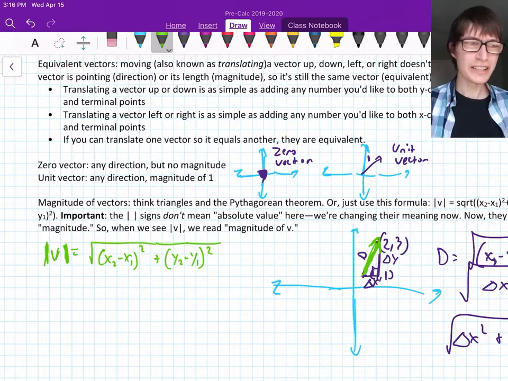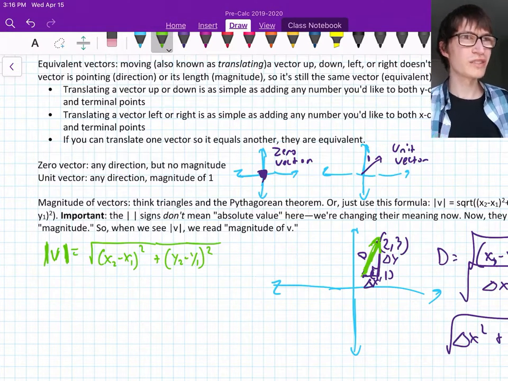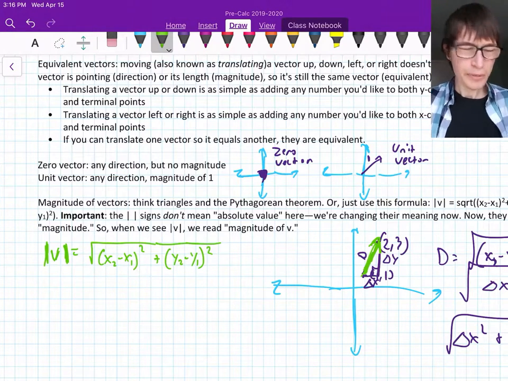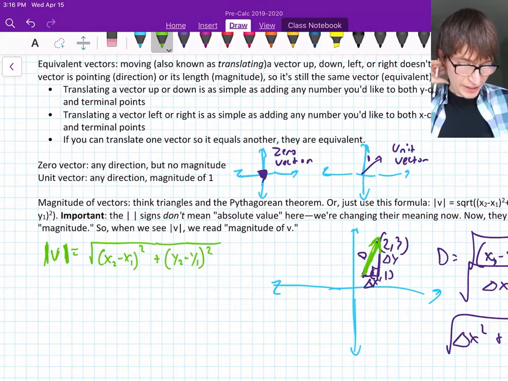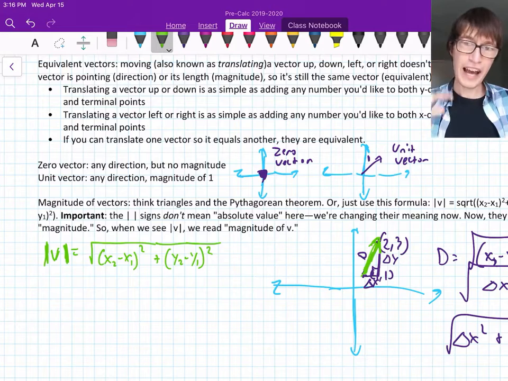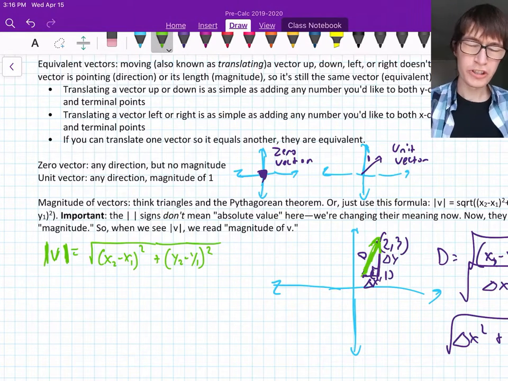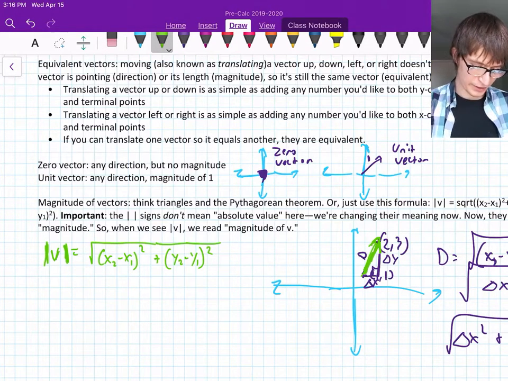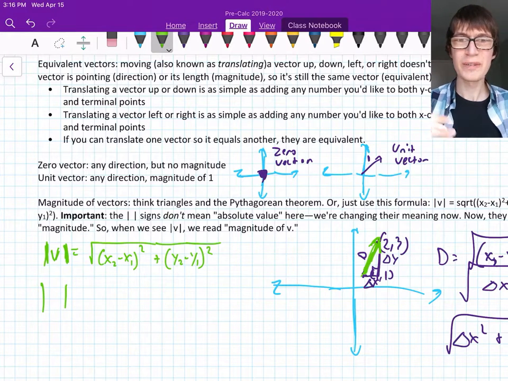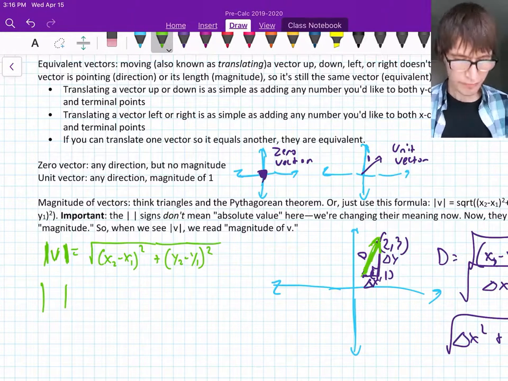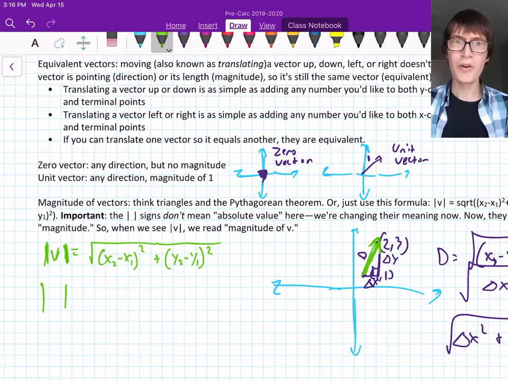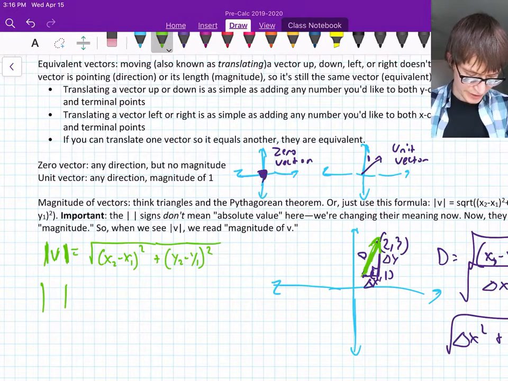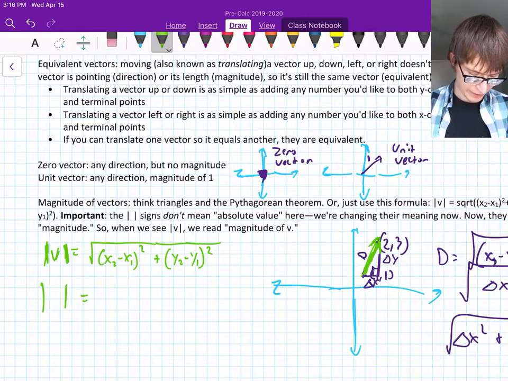I wish it was something different, and there is some good reason as to why they chose this, but what they've done is turn the absolute value notation, these two lines, into something that means something other than absolute value. Up to this point, you're used to seeing these as meaning absolute value. From now on, when you're dealing with vectors, when you see that, think magnitude.